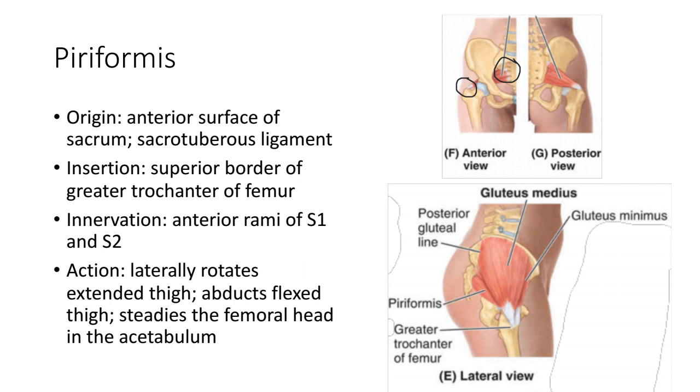It's innervated by the anterior rami of S1 and S2, and its action is to laterally rotate the extended thigh. It also abducts the flexed thigh, and it steadies the femoral head in the acetabulum. So this is another one where it depends on what the joint position is. If the joint is extended, then it will laterally rotate the thigh. If the hip is flexed, then it will abduct the thigh.